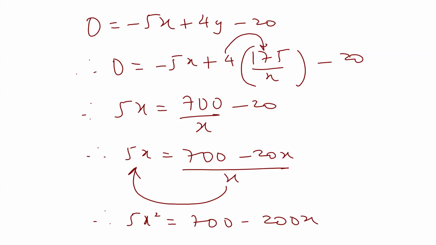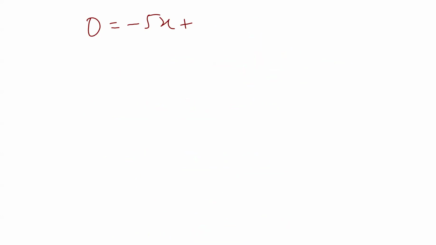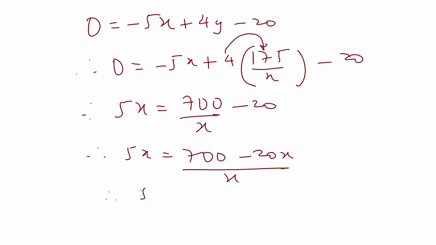Okay. Reduce it with 5. x square equal to 140 minus 4x.